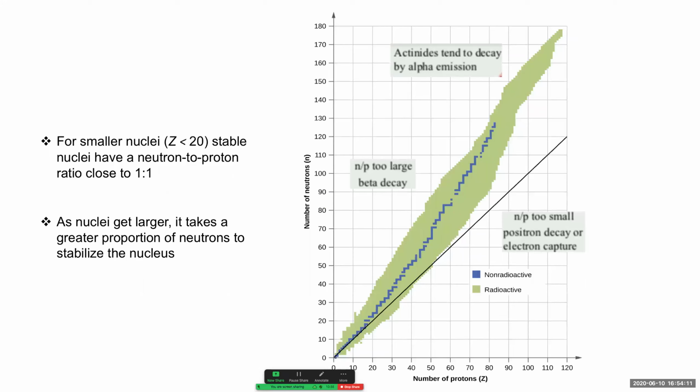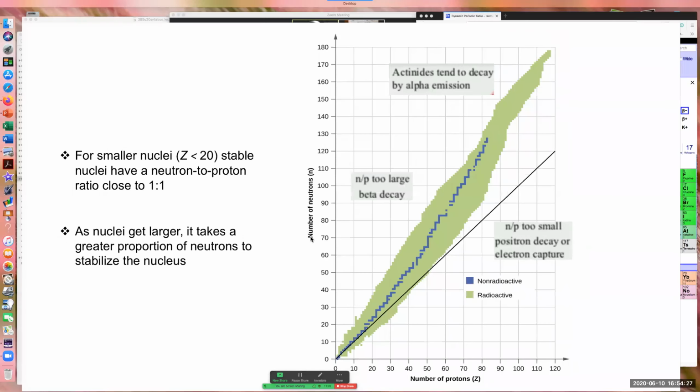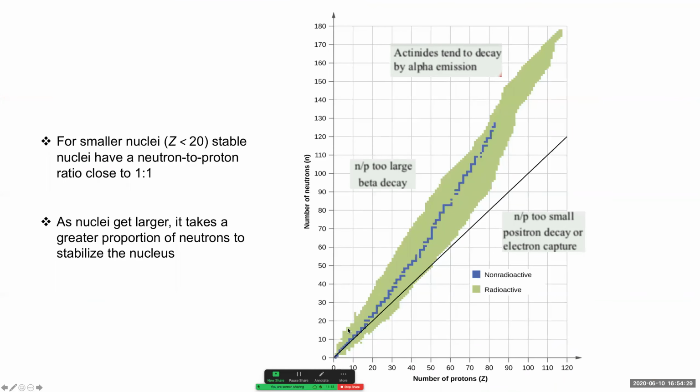So here we have a graph showing the number of neutrons on the y-axis and the number of protons on the x-axis. This solid line here shows the line where the ratio of neutrons to protons is 1 to 1.